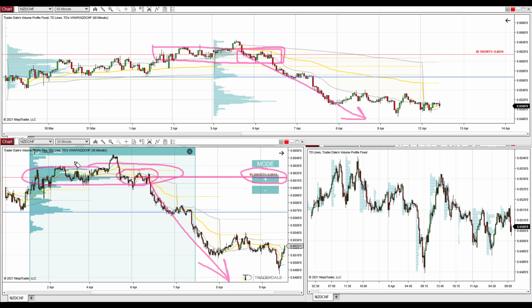Now this tells us that strong sellers were building up their shorts in here, also in here, and after that, after they accumulated their shorts, they started to sell aggressively, push the price downwards into the downtrend. So we know that sellers placed a lot of their short positions in here, and when the price makes it back to this area again, it's pretty likely that those sellers will want to defend this zone.